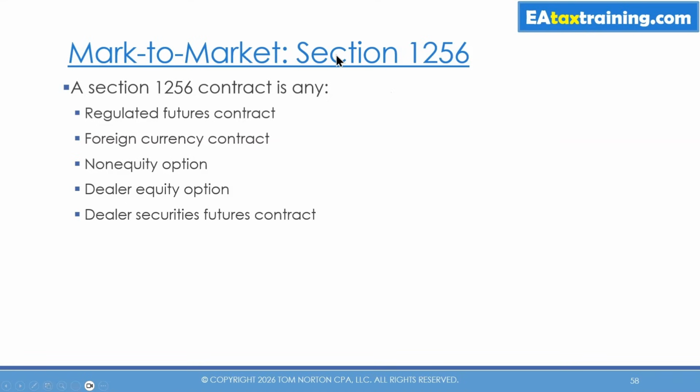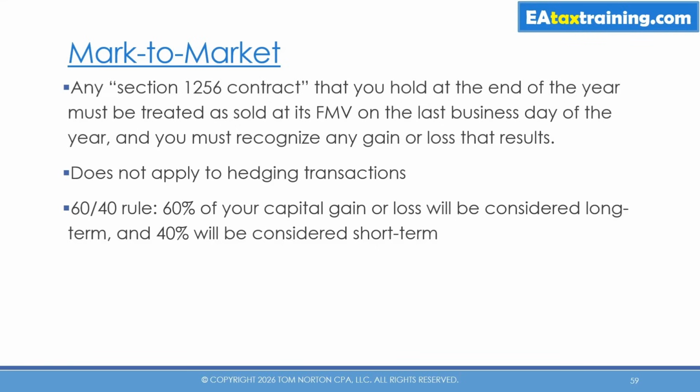You don't have to understand what all of those are. Just know that they're on the list, and specifically remember that it is a Section 1256 contract. With these contracts, any of them that you hold at the end of the year have to be treated as if they were sold at their fair market value on the last business day of the year.